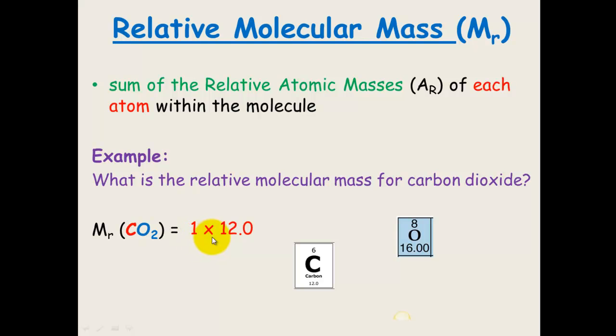So we've got 1 carbon, so it's 1 times 12, because the mass number is 12. 2 oxygens, so we'll have 2 times 16, because 16 is the mass number of oxygen. And we add those together, 12 plus 32, and we get 44.